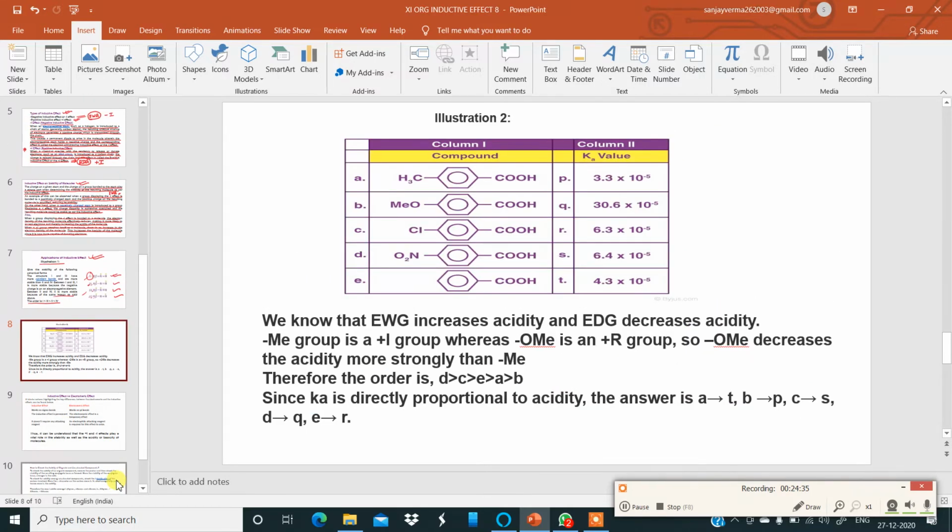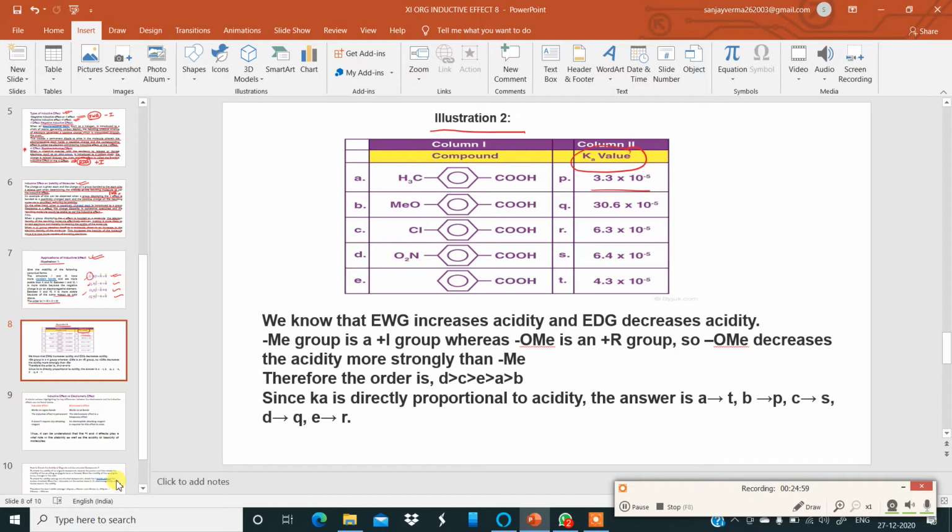Okay. Now there is another illustration, illustration number 2, using the Ka, the equilibrium constant of the acid values. Now look at this. The first compound is CH3 benzene ring COOH. It is an aromatic carboxylic acid. Its Ka value is given as 3 times 10 power of how much? Minus 5.